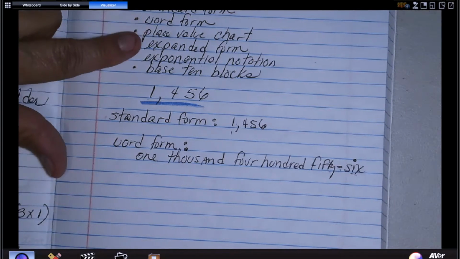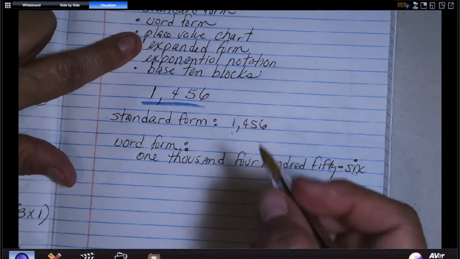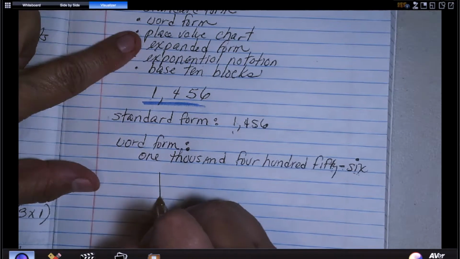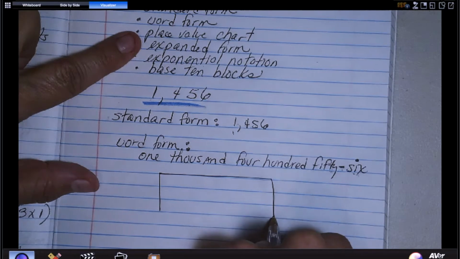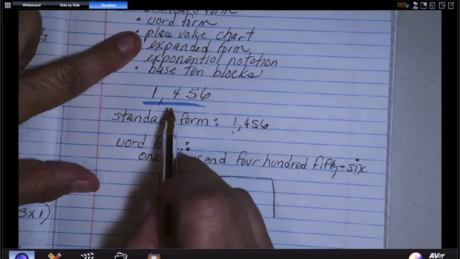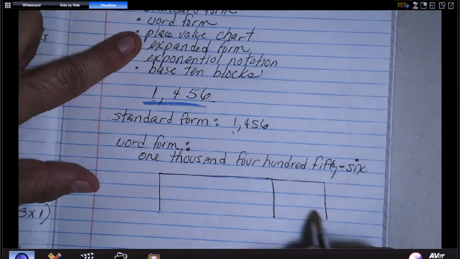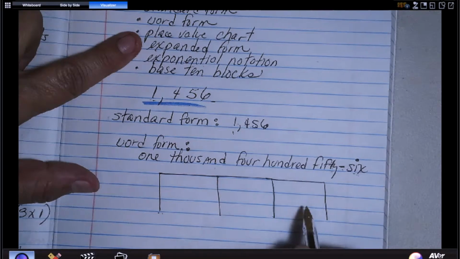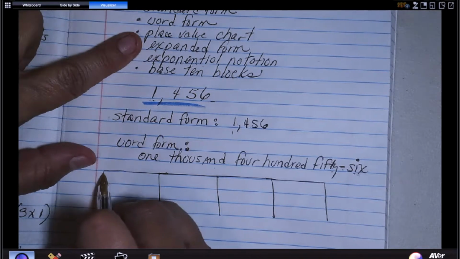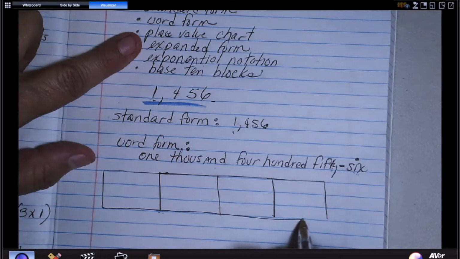Okay. Let's look at the place value chart. We should probably have done that first. So this one we have to have 4 columns. We may want to do one extra so we're not crowded. Here we go.